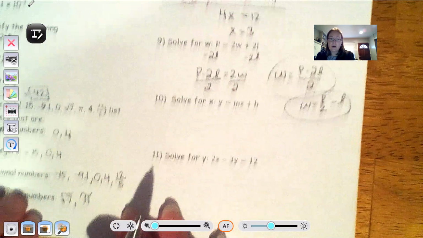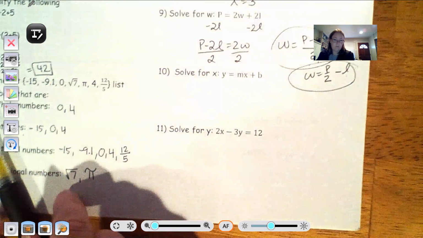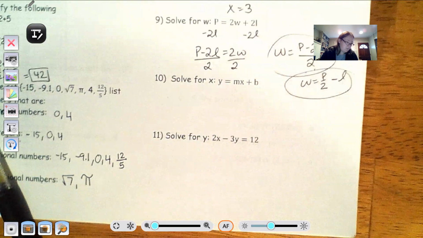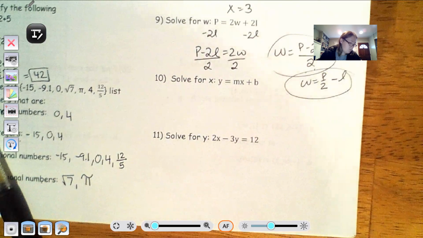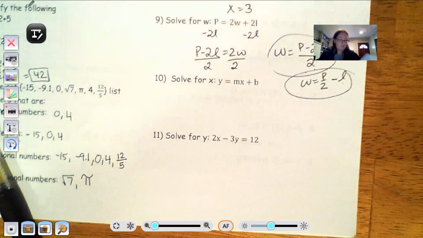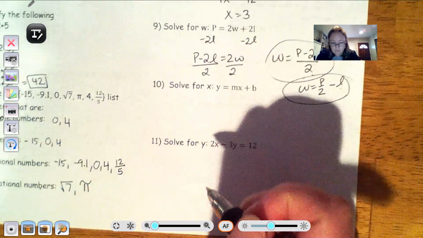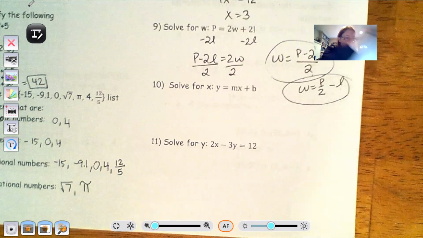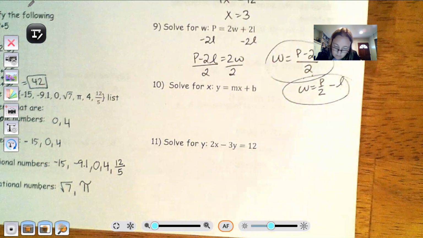Why don't you try to do number 11? I'm not really sure about this one, because would it be -4 minus 2 over 3x?